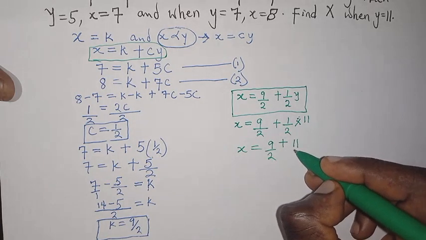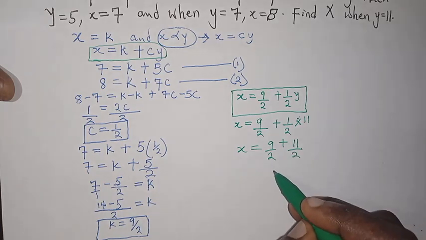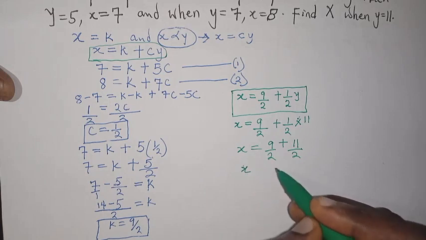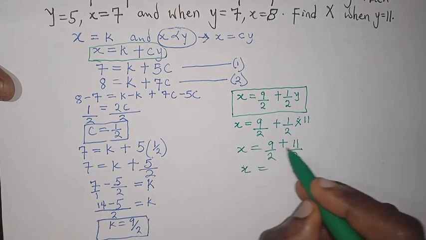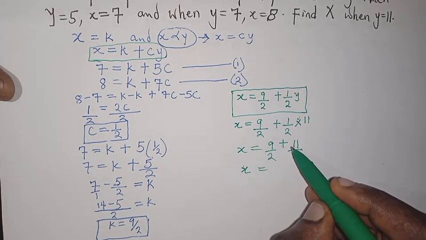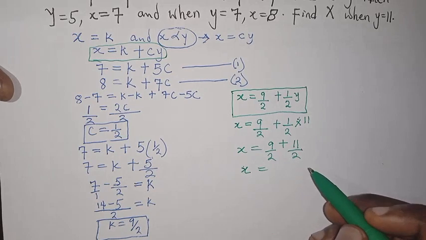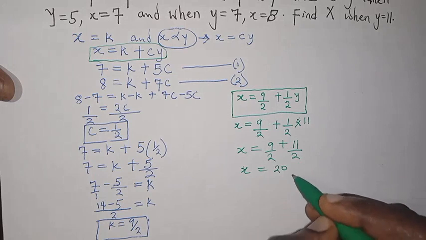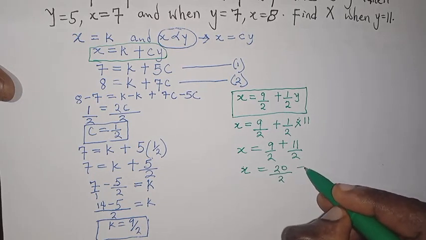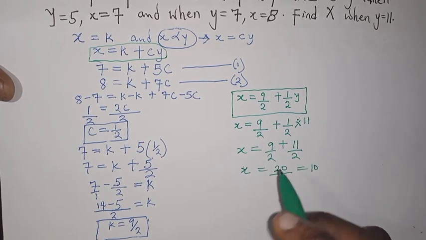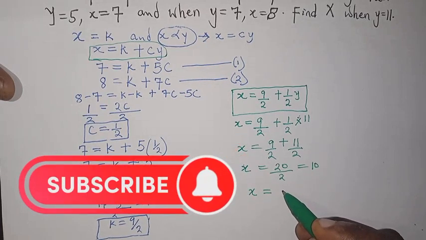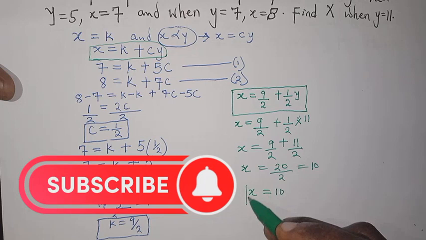This is 11 over 2. Of course, since they both have the same denominator, I can simply sum up the numerators. So that's going to give me 9 plus 11 is 20. So this is 20 divided by 2. And that's 10. So the value for x when y equals 11 is 10.